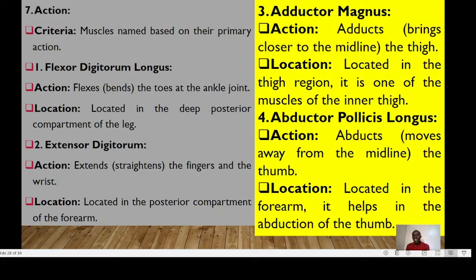Abductor magnus, it abducts, it brings the bones to the midline. And it's located in the thigh. While abductor pollicis longus, this one moves the thumb away from the midline.